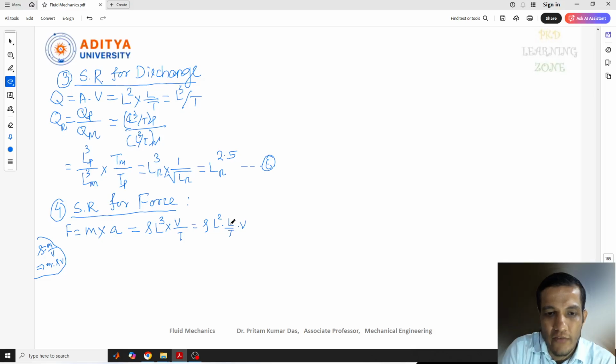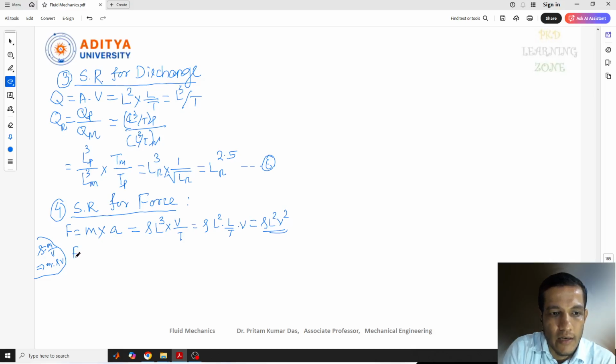Distance by time, that is velocity. So velocity into velocity, that is velocity squared. So we can write this as rho L squared V squared. This also we have discussed previously. To find out this value rho L squared V squared, I have just derived this one.